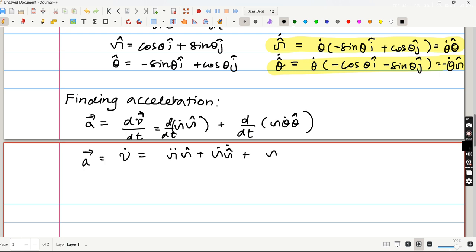So now we can see that we have time derivatives in unit vectors as well. So that is why I've calculated these two quantities here. We have to calculate the time derivative of unit vectors in polar coordinates, so that is why I've calculated them before.